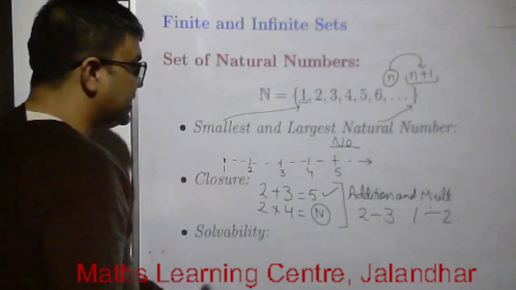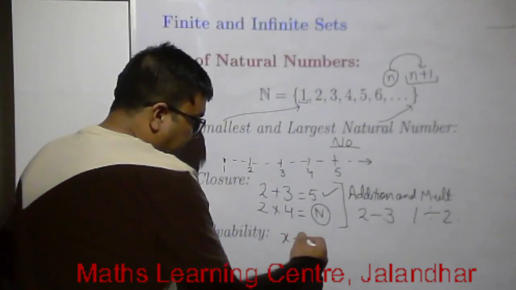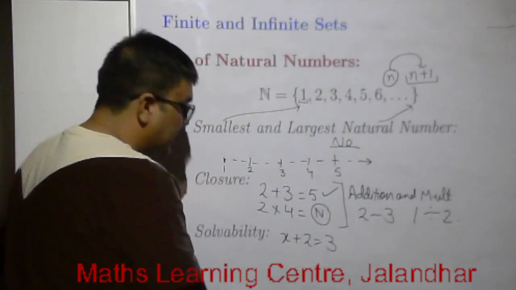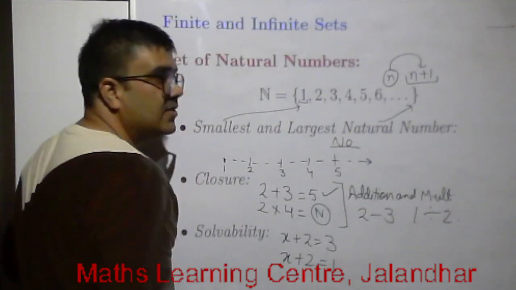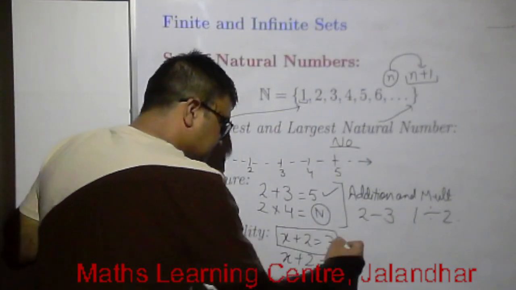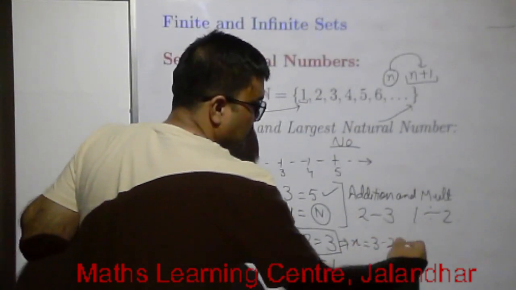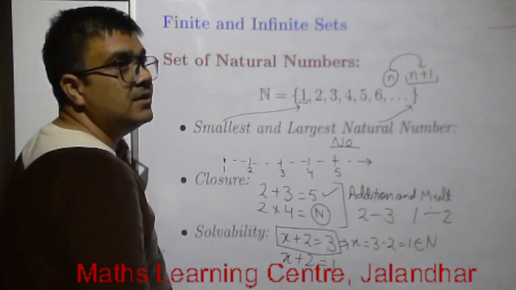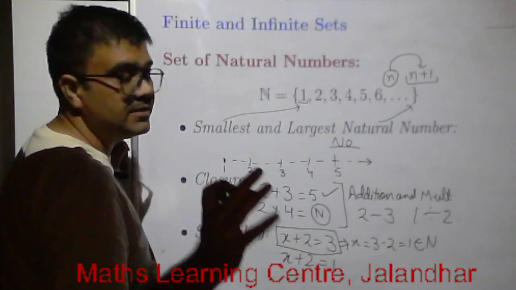Then we talk about solvability. Suppose we have an equation of the form x plus 2 is equal to 3, and another of the form x plus 2 is equal to 1. In the first case, we have x is equal to 3 minus 2 is equal to 1, and this is a natural number. 1 belongs to the set of natural numbers, meaning 1 is a natural number.